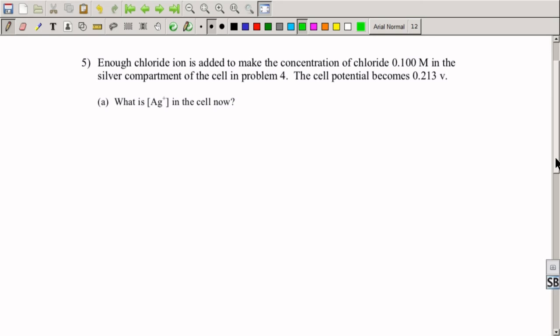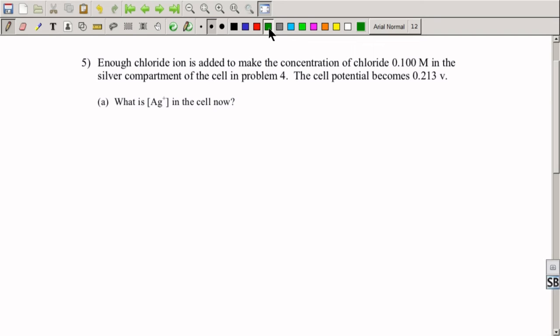So our reference electrode has a potential of negative 0.034 volts. Now what we can do is we can figure out, given the cell potential of 0.213 volts, what is the concentration of silver after we've added chloride ion? How do we do that?